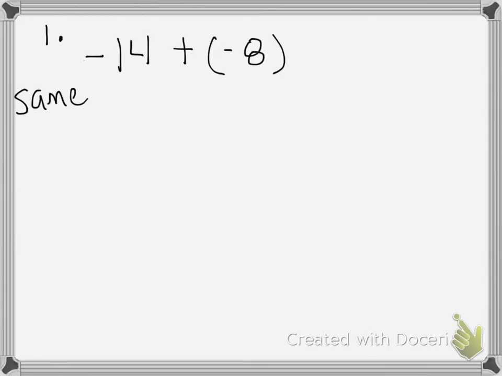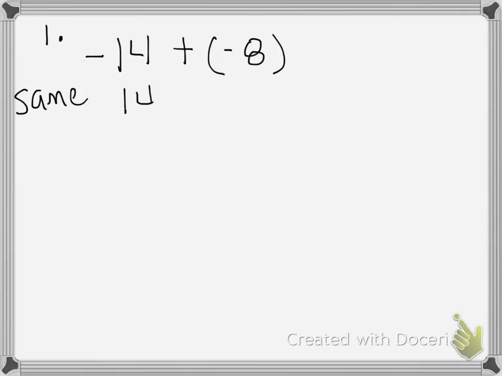So let's do a few examples. If you're looking at your little half sheet, we're going to start with number 1. You are adding negative 14 plus a negative 8. These are the same sign, so we follow our rules for same sign.